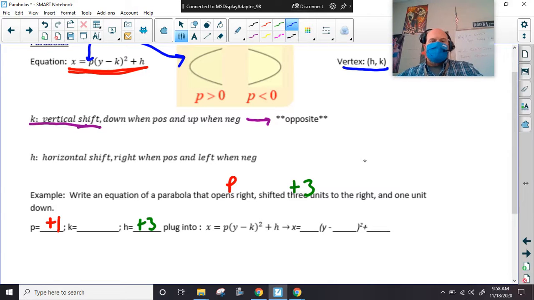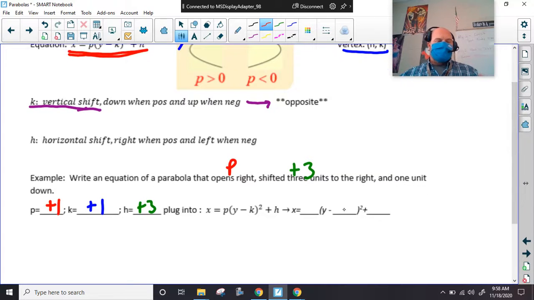And 1 unit down. Remember, for down, it has to be positive, so this is actually going to be a +1. Really all we have to do is plug this kind of stuff in. I can put a +1 right there. There are other parts where there's a bigger number or a different number besides 1.